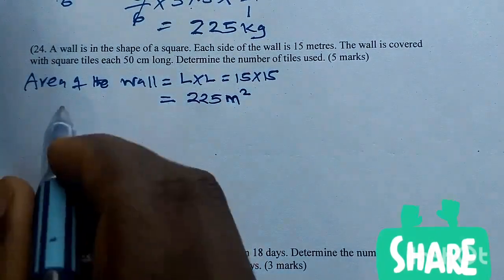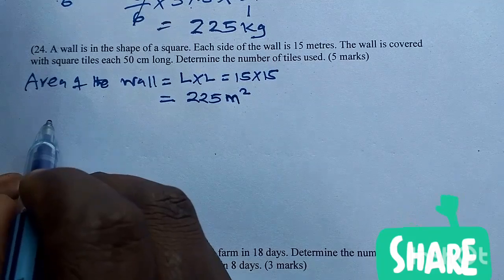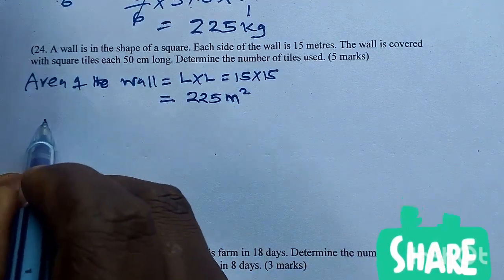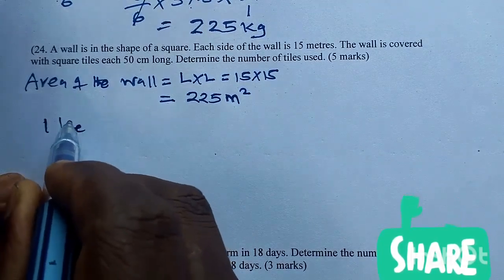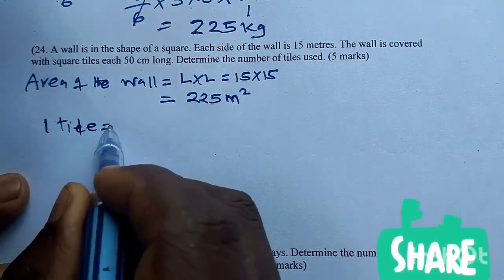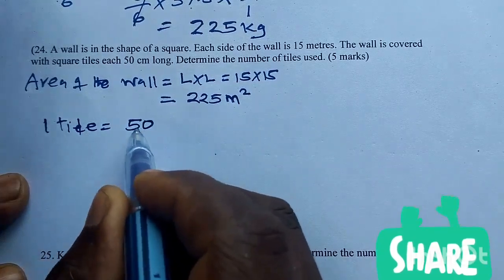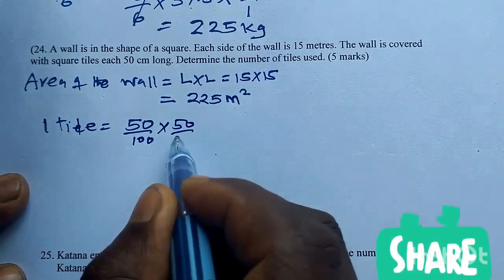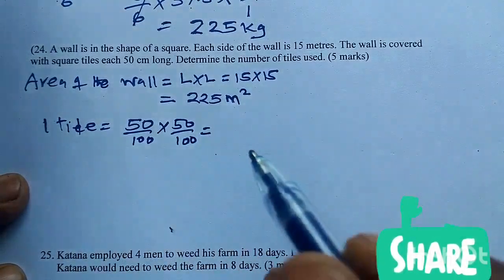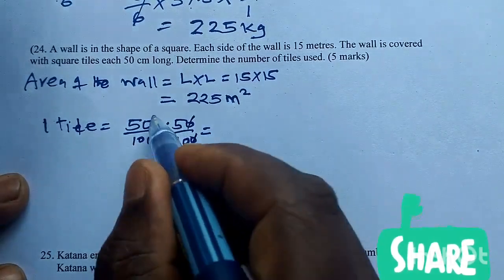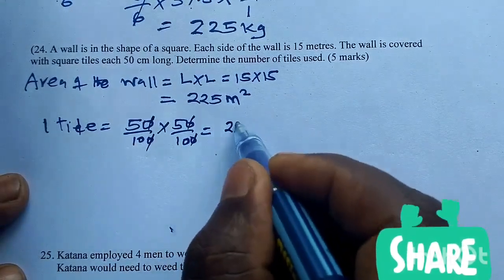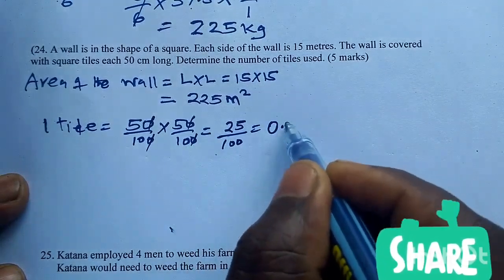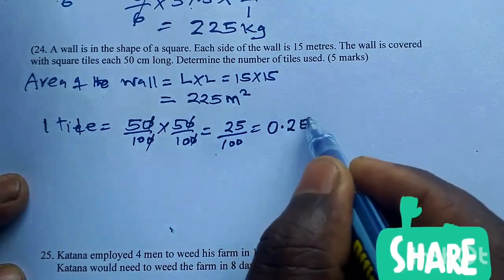We can now get the area of each tile, right? So 1 tile is equal to 50/100. We convert it to meters, times 50/100. So that is 25/100, and that is 0.25 meters square.